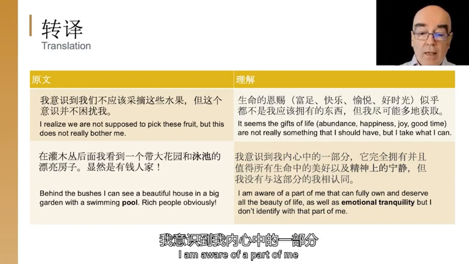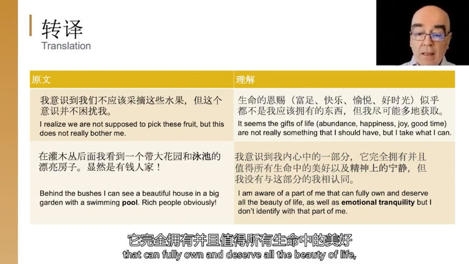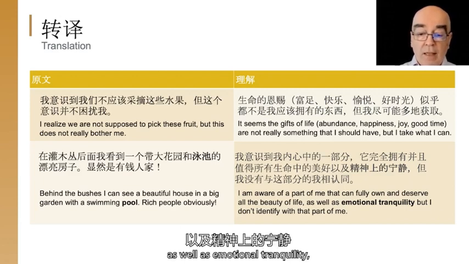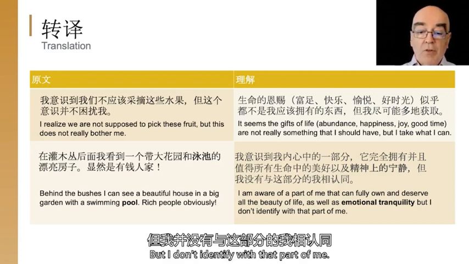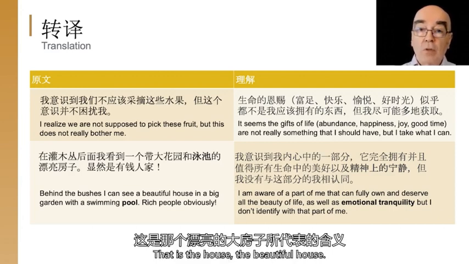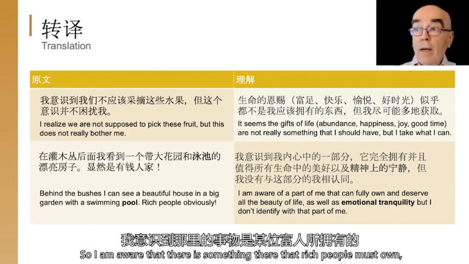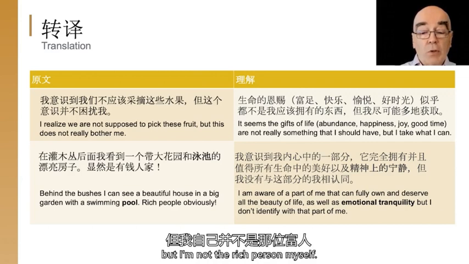I am aware of a part of me that can fully own and deserve all the beauty of life, as well as emotional tranquility. But I don't identify with that part of me. That is the house, the beautiful house. So I am aware that there is something there that rich people must own, but I'm not the rich person myself.